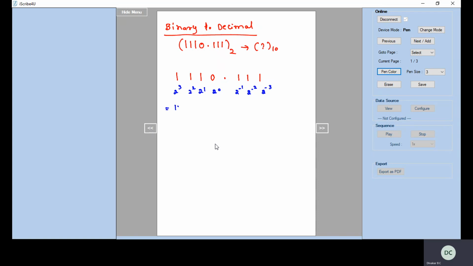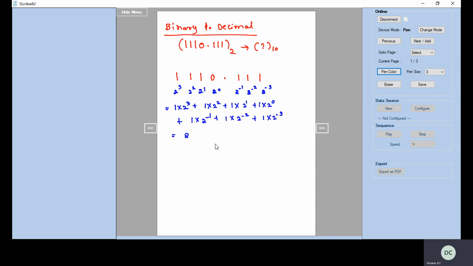That is 1 into 2 to the power of 3 plus 1 into 2 square plus 1 into 2 to the power of 1 plus 1 into 2 to the power of 0 plus 1 into 2 to the power of minus 1 plus 1 into 2 to the power of minus 2 plus 1 into 2 to the power of minus 3.